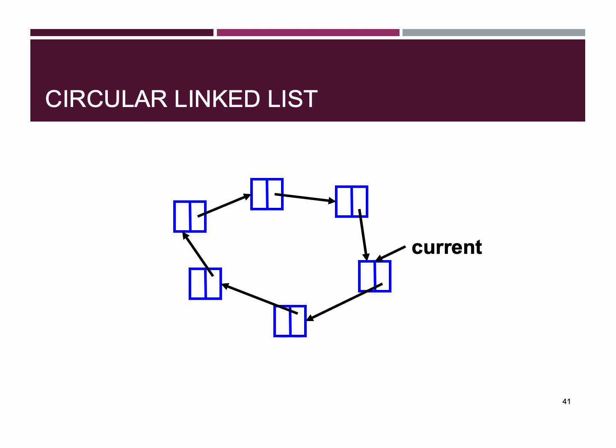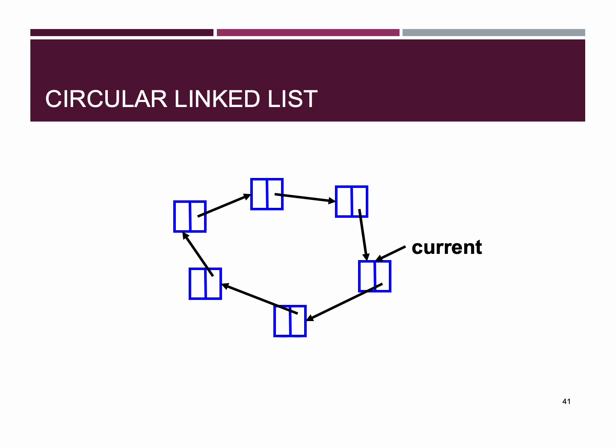Okay, now here is an example of a circular linked list. In a circular linked list, the last node points back to the first node, creating a continuous loop. This structure differs from the standard linked list where the last node points to null. The key advantage of a circular linked list is that you can traverse the entire list starting from any node, as there is no defined beginning or end.